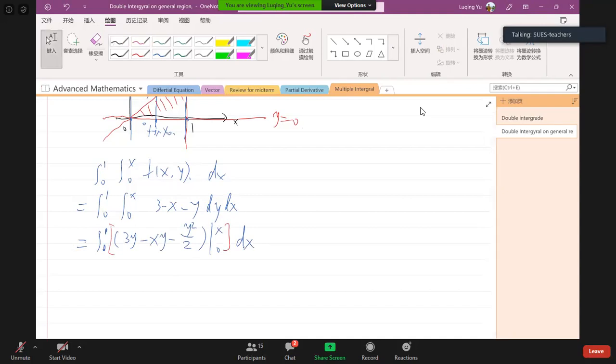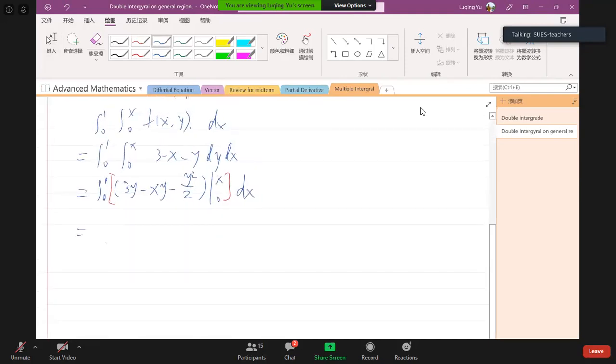So then what we can do is insert y equals x and y equals 0 there, and now it's 3x minus 3x squared over 2, dx.